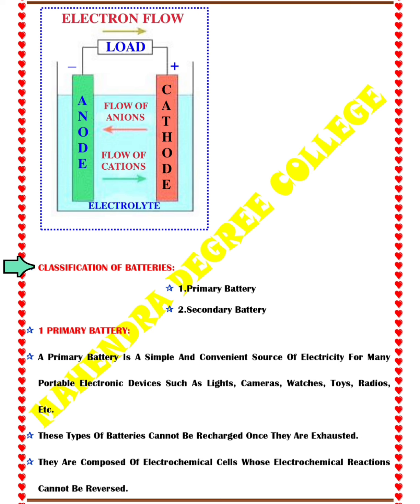Example, alkaline batteries. Secondary batteries means rechargeable, can be used multiple times. Example, lithium ion batteries and lead acid batteries.